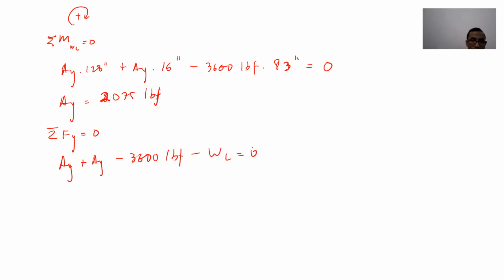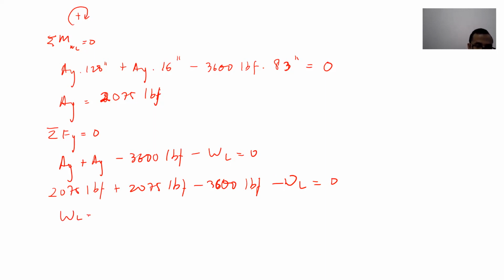AY-nya sudah diketahui ya. We know the value of AY, so just replace this with the value 2075 LBF plus 2075 LBF minus 3600 LBF minus WL equal to 0. So we will be able to find WL.